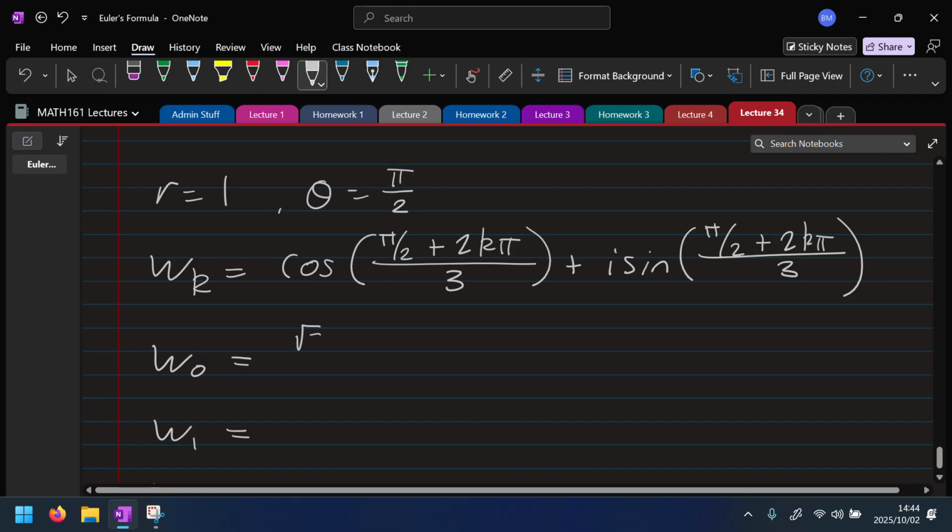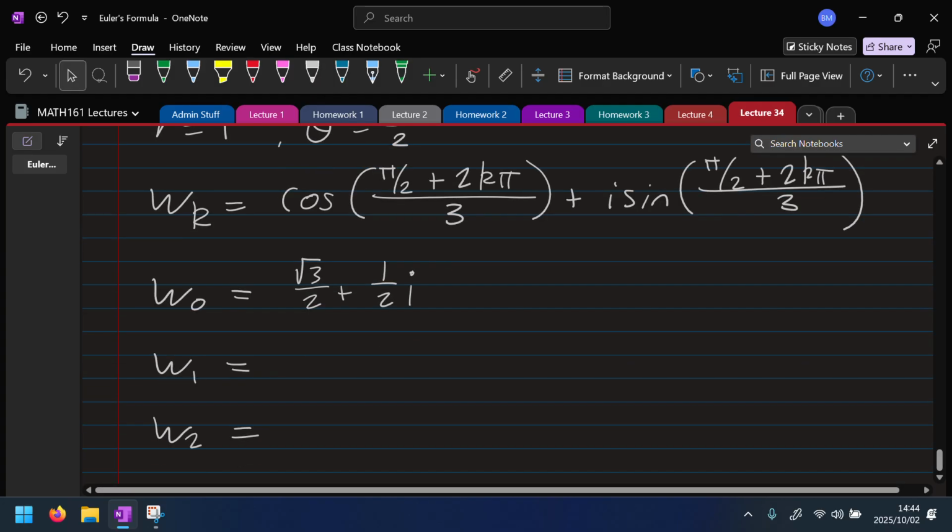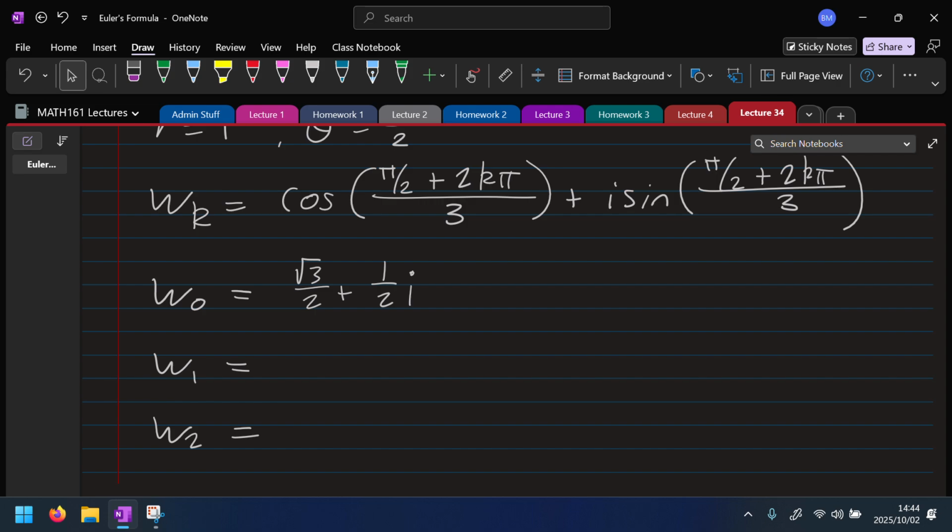Root 3 over 2. Cool, thank you. W1. Yeah.